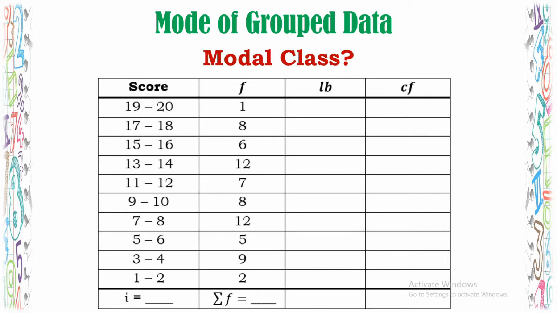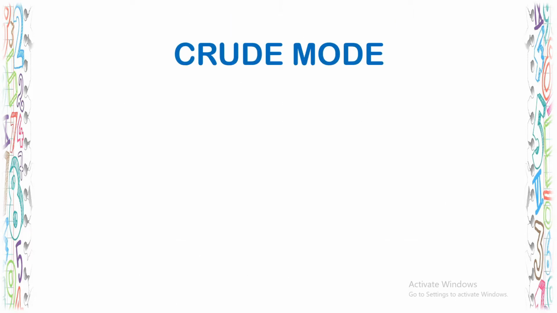You're absolutely right, because the mode we discussed last time is known as the crude mode. If you can still remember, when we say mode, it is the value that appears most often in a given set of data. In other words, it is the value with the highest frequency. This is known as the crude mode.